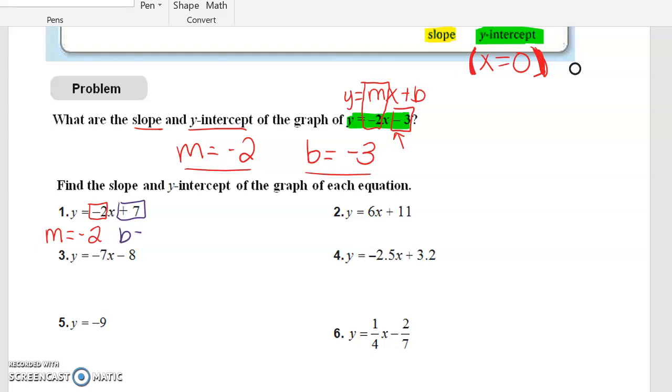In this case, it's positive 7, so b equals 7. In number 2, again, the m value is out in front of the x. We do not include the x with it. So m is equal to positive 6, and our b value, or y-intercept, is positive 11. So b equals 11.